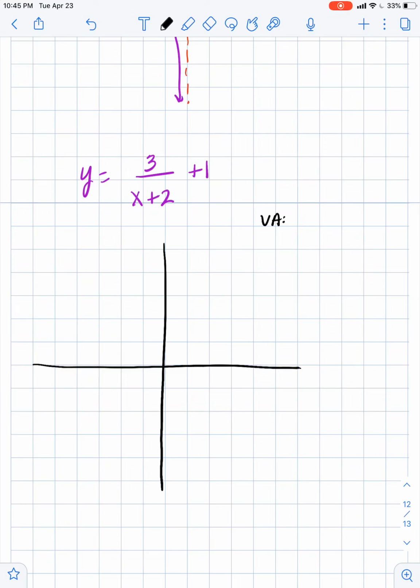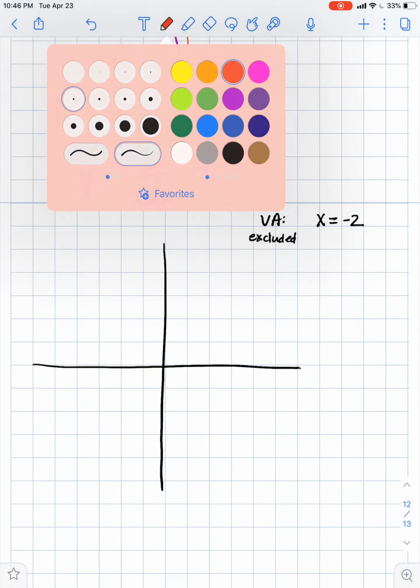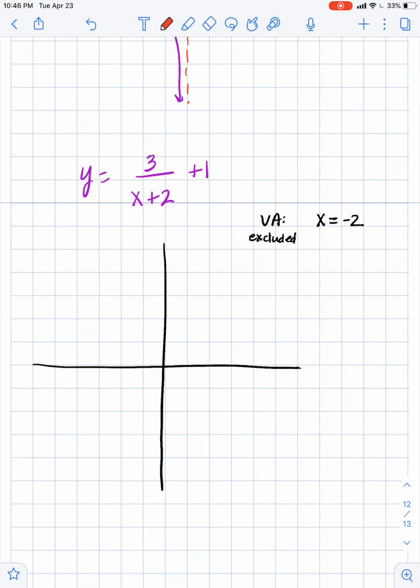If you cannot answer that question, then remember, vertical asymptote is what is excluded. My excluded values. So it is that x cannot be a negative 2. So that is what my asymptote is. So I'm going to draw at a negative 2 that asymptote.